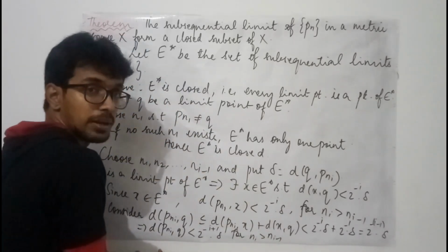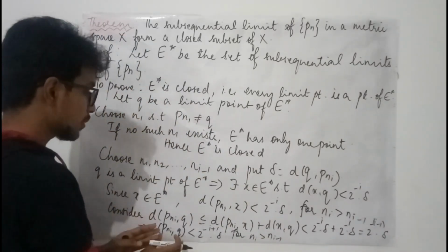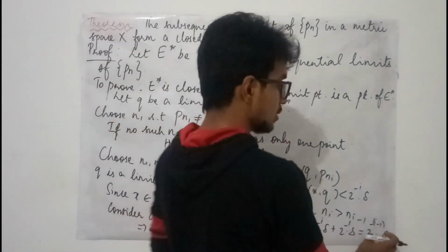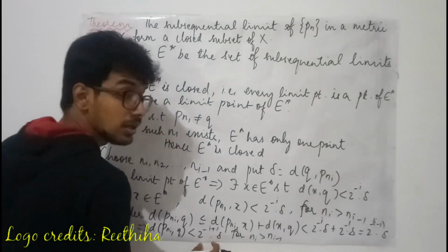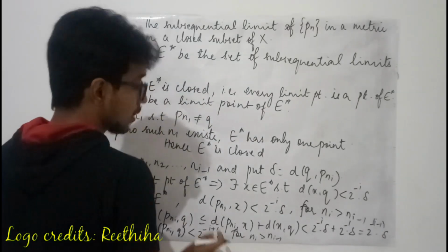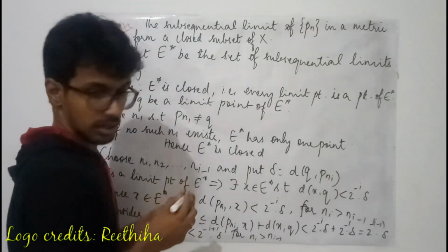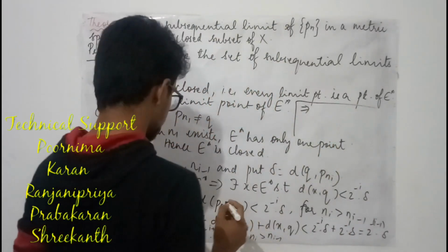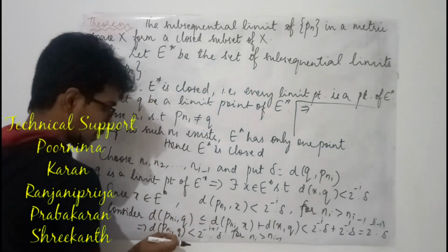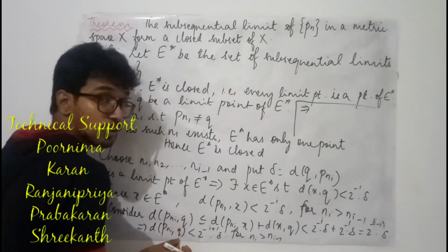After this stage, this is happening, which means this is a negligible quantity, and this is also a negligible quantity. This proves that for this subsequence, Q is also a limit.